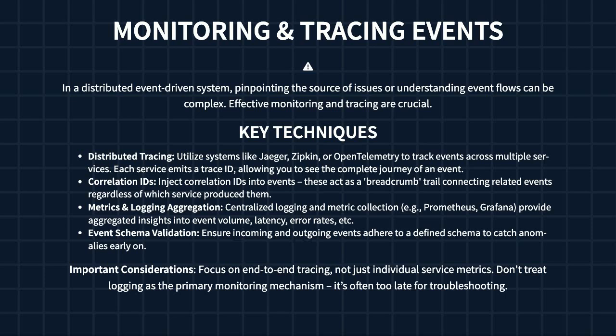They're kind of like identifiers attached to events, linking them together even if they come from different parts of the system. And don't forget about logging and metrics. We want a central place to collect all this information so we can see things like event volume, how long it takes for events to move through the system, and any errors that pop up. Schema validation is also important. Ensuring events have a consistent format helps us spot problems early on.